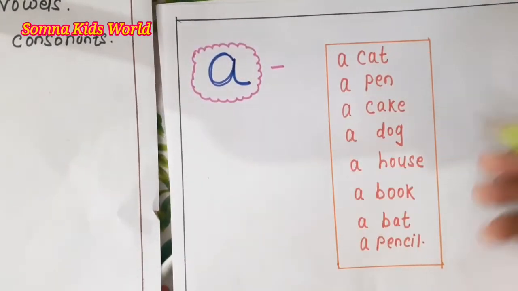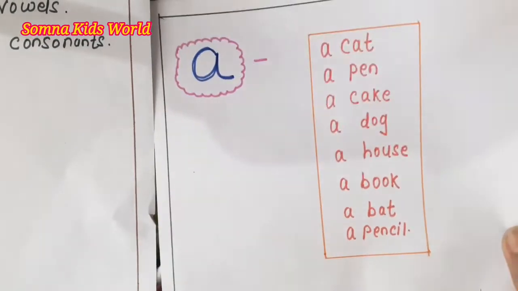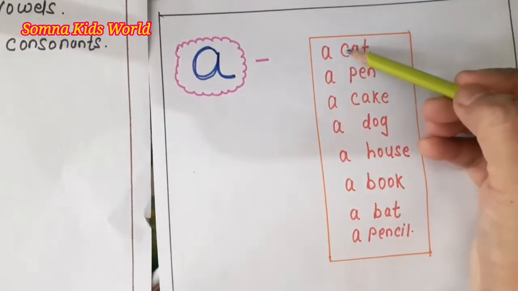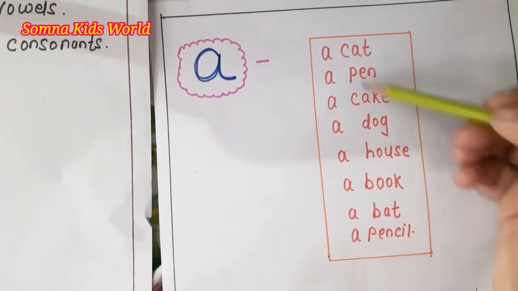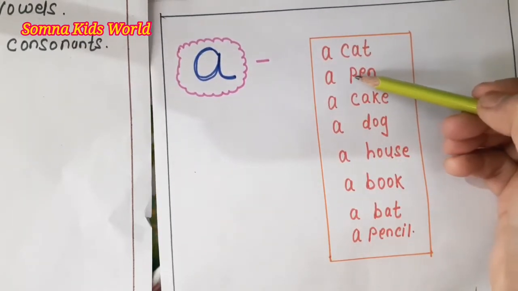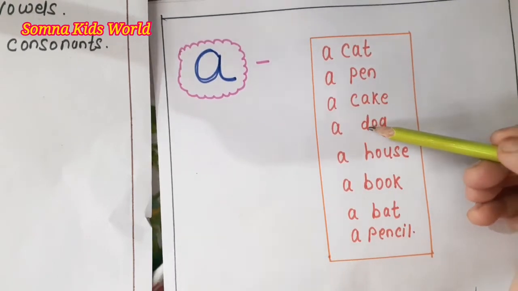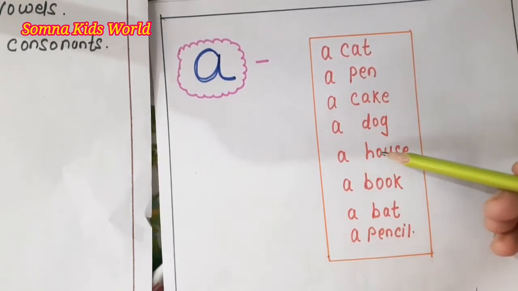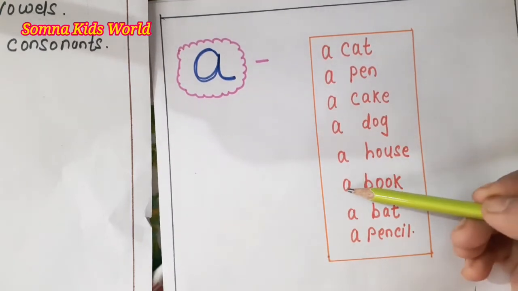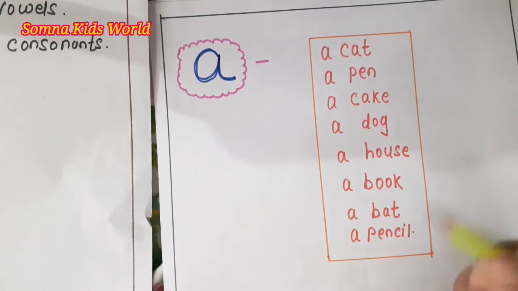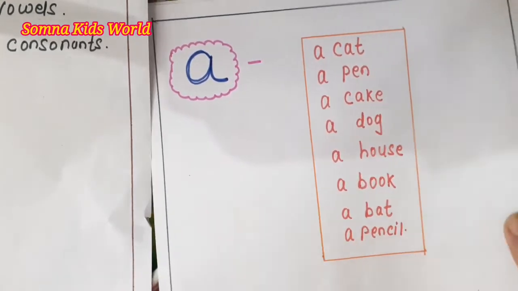Like this you can go through some more words with A and AN. You can see a cat, a pen, a cake, a dog, a house, a book, a bat, a pencil. These are all consonants.